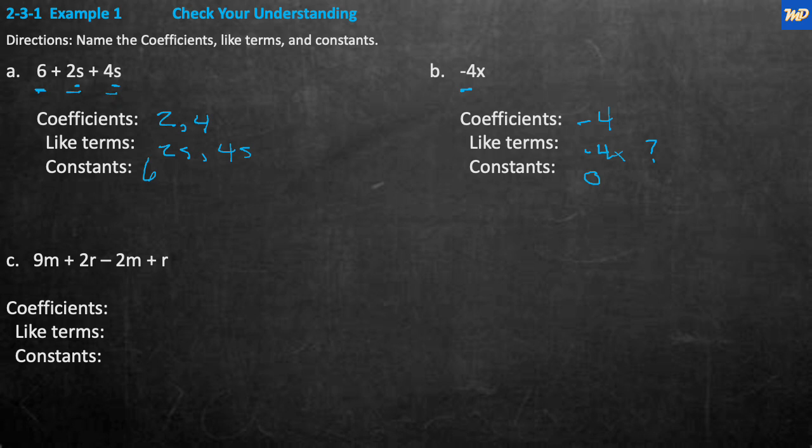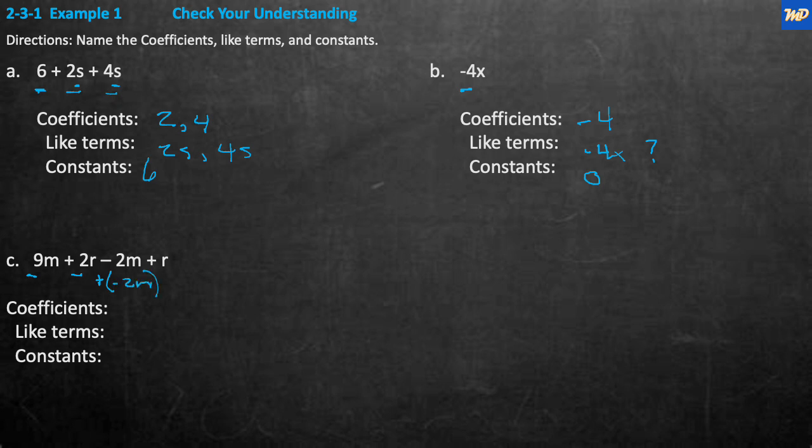Going down to the next problem, C, we have 9m plus 2r minus 2m and an r. So, what are the coefficients? The coefficients are the numbers that multiply the variables. Well, 9 is a number multiplying m. 2 is a number multiplying the r. This minus 2m here is really going to be written as plus the quantity minus 2m.